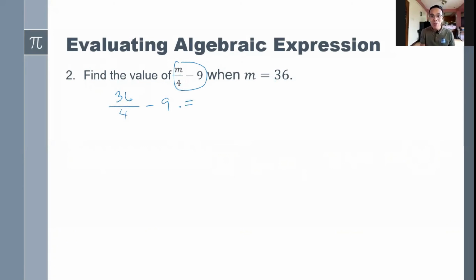Your next problem would be, how do we simplify this? Always keep in mind the MDAS rule. So 36 over 4 is the same as 36 divided by 4, which means we have to perform division first. 36 over 4 will give you 9, and you still have your minus 9. 9 minus 9 is 0.